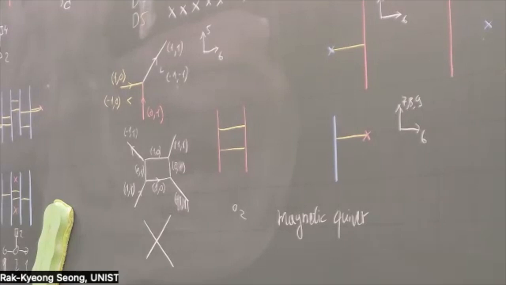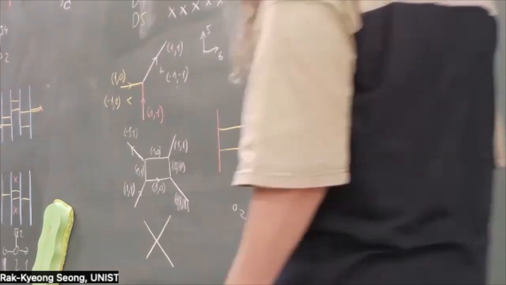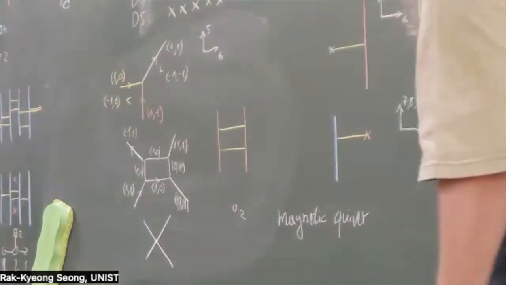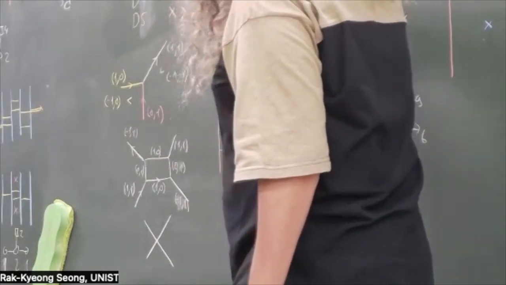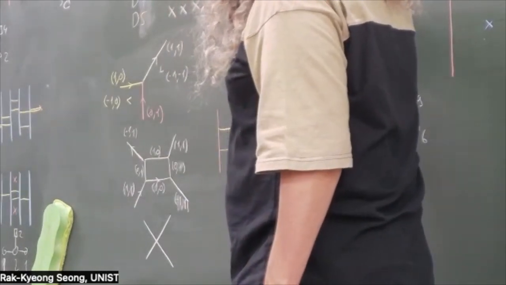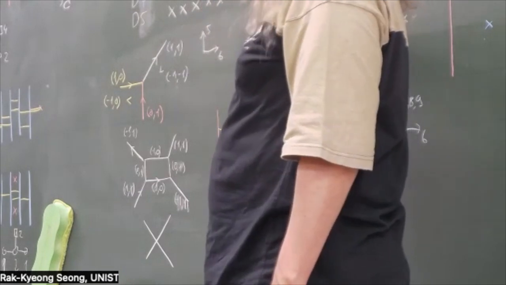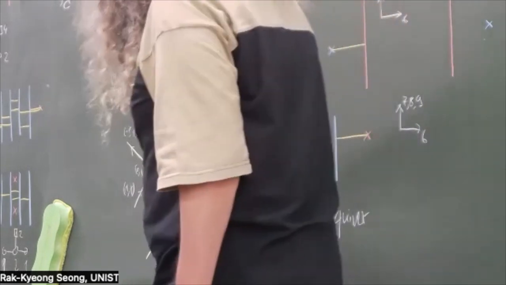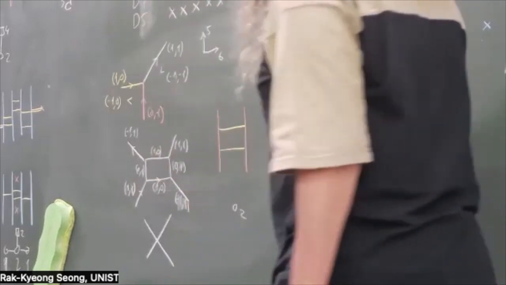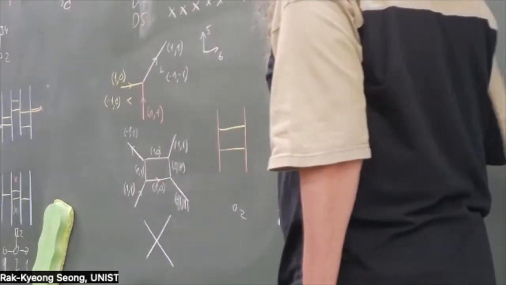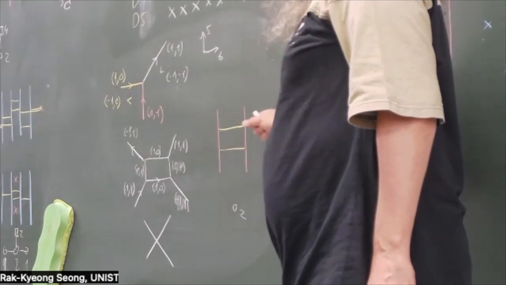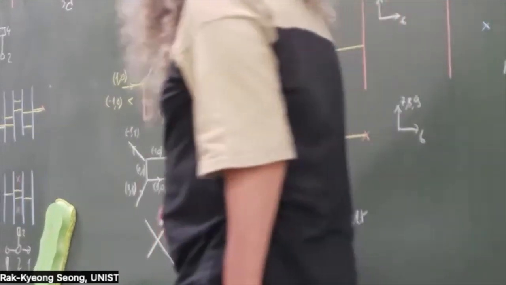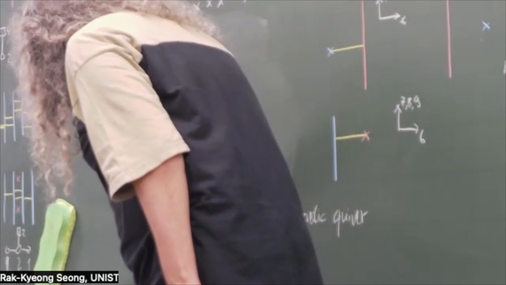I don't have D7 so far, so let's add them. At the end of each one, a D7. This D7, as you could see here, is point-like in 5 and 6. So in this picture, it's going to be point-like. And as we had the rules here, a 5-brane can end on a 7-brane. So I'll add a 7-brane.